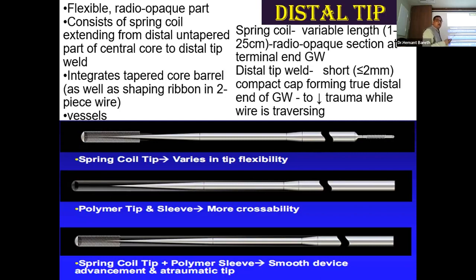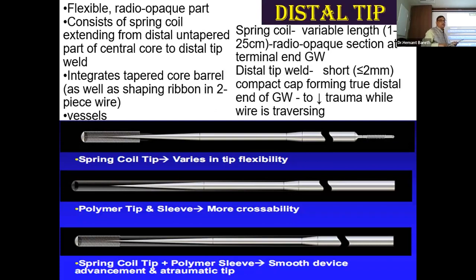So when will a polymer coated wire be useful? Any ideas? Rather than a spring coil, if you have a polymer coated wire, where could it be more useful? CTOs, yes, but more importantly, acute total occlusions. Because there it will give more flexibility, it will track micro channels which are there, and it will pick up micro channels very easily.